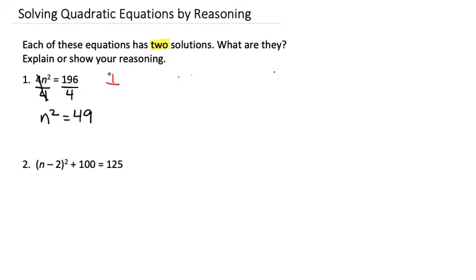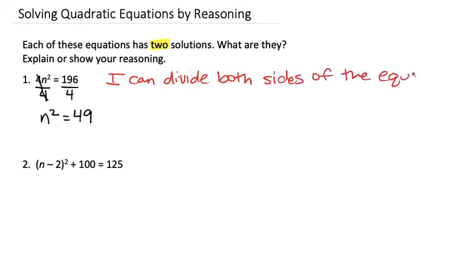So I'm going to write, I can divide both sides of the equation by 4 to get n squared equals 49.